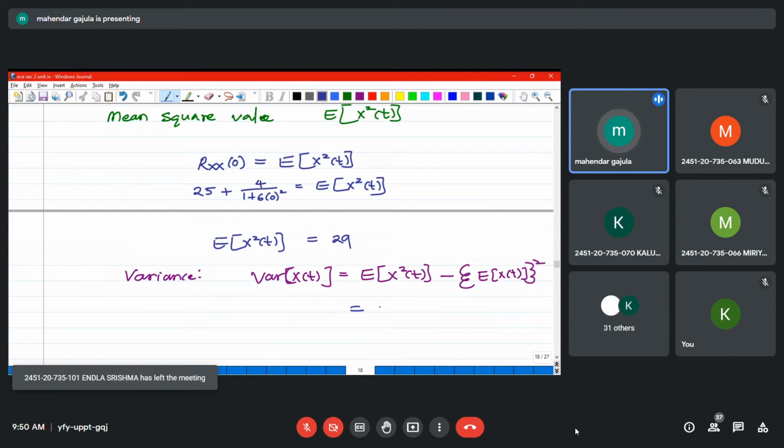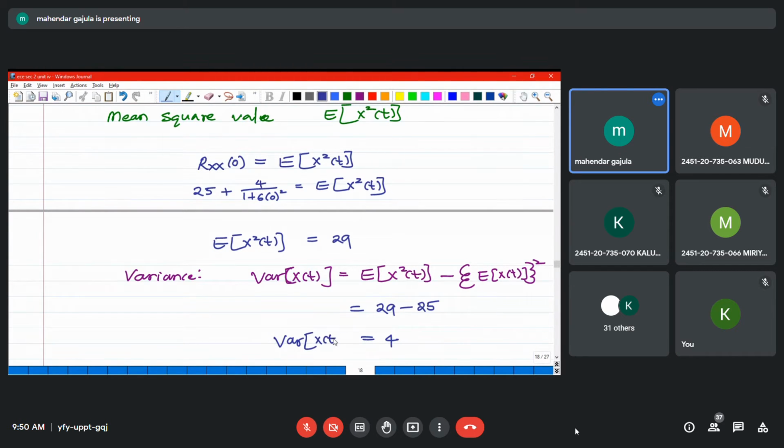The mean square value is 29, the square of the mean is 25, so the variance is 4. This way you have to find the mean square value and variance of a random process when the autocorrelation function is given.